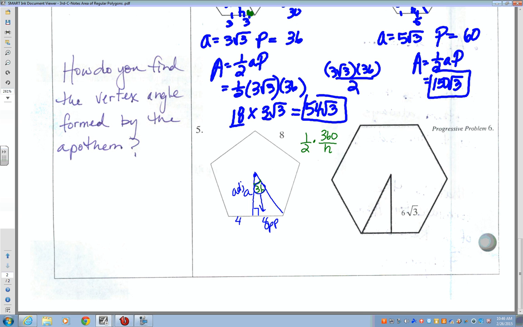So we're going to write the tangent of 36 equals 4 over A, opposite over adjacent. So where is our variable? At the bottom. So what do we do to solve it? Yeah. So A is going to equal 4 divided by the tangent of 36. A is approximately what? Give me a decimal to the nearest tenth. 5.5. Okay, 5.5.